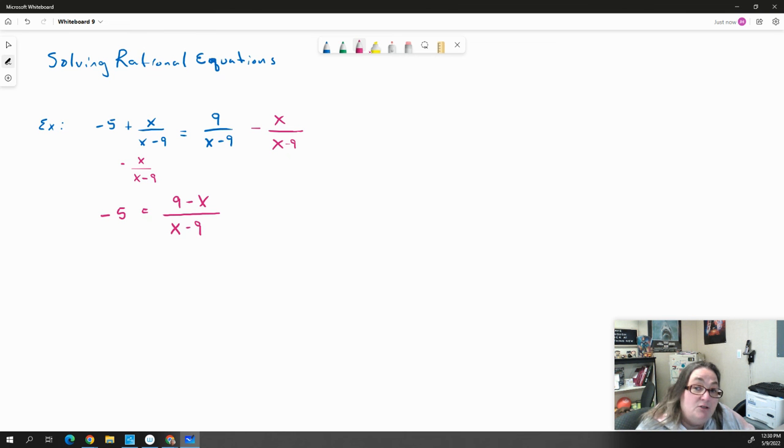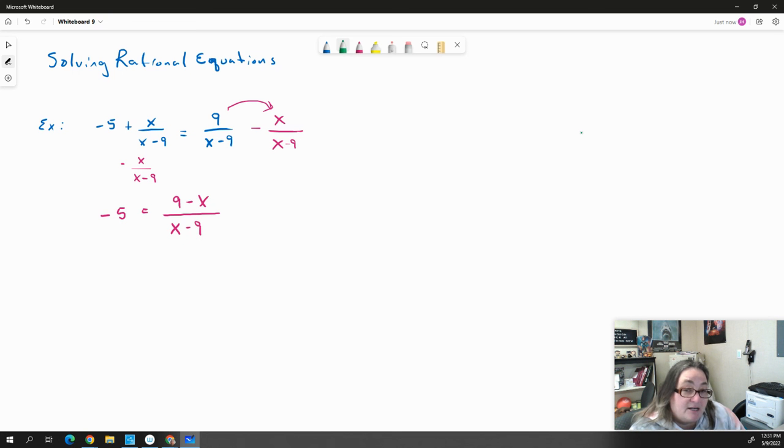And I can put these two numerators together because they have the same denominator, right? If they had different denominators, I couldn't do this. But because they both have the same denominator, I can combine this 9 minus x right here. Now, I still have a denominator, right? I have a fraction still.